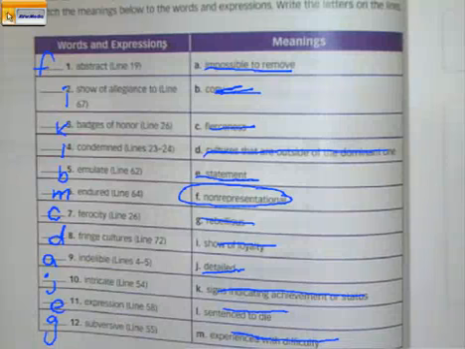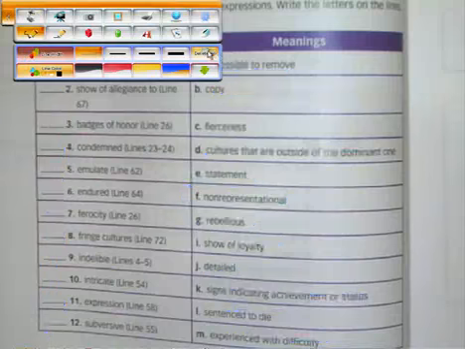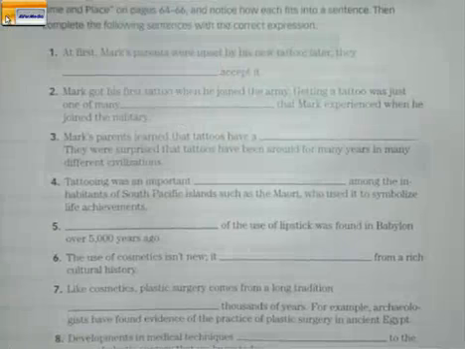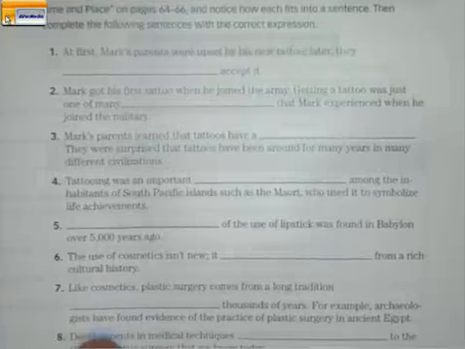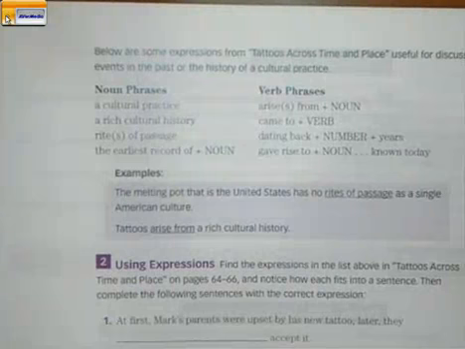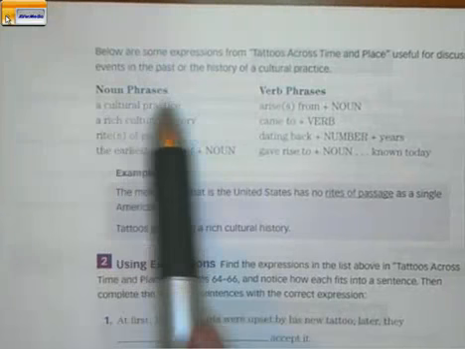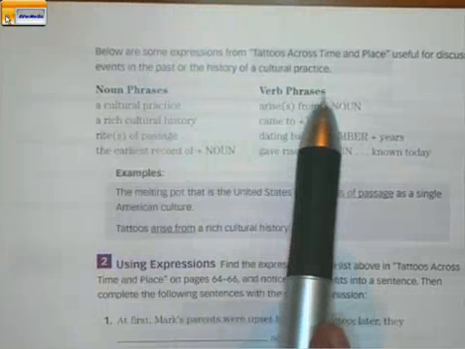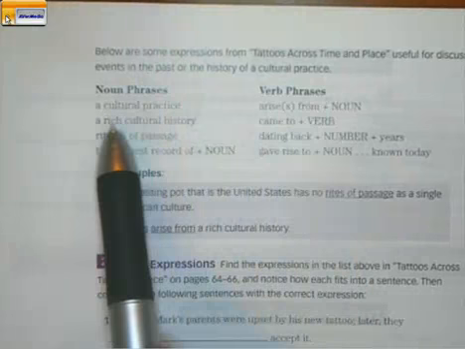Now I'd like to move to the second exercise on page 71. And this exercise is in two parts, really, because you kind of have to look at the expressions at the top of the page before the exercise, where you have a noun phrase and a verb phrase.